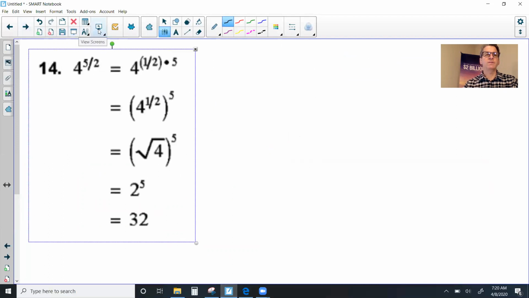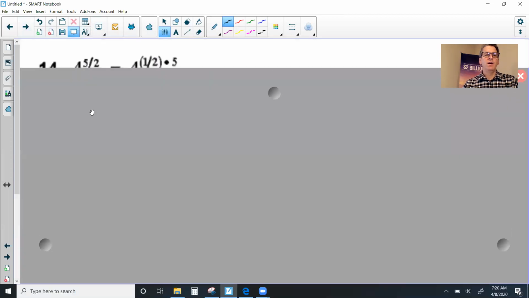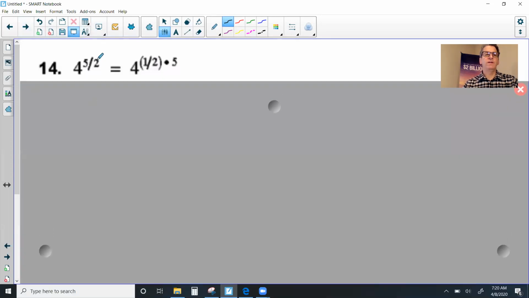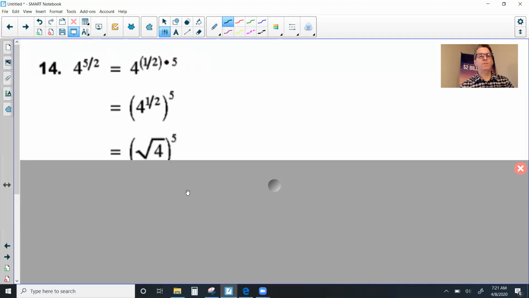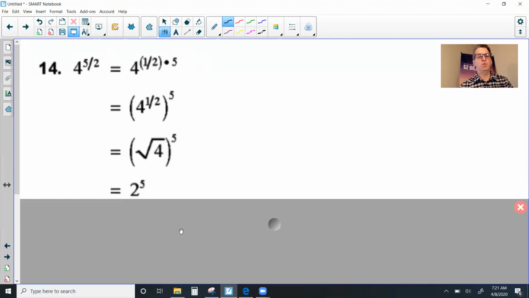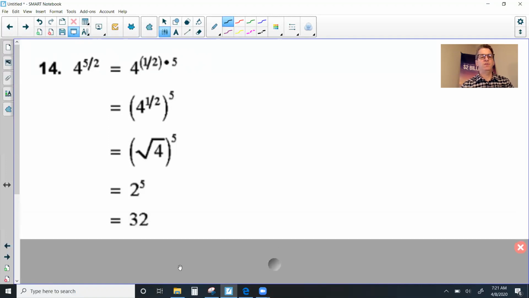Okay, so we're basically looking for the square root of 4, and then we're going to take it to the 5th power. Well, that's a perfect square. The square root of 4 is 2. And 2 to the 5th power is 32.